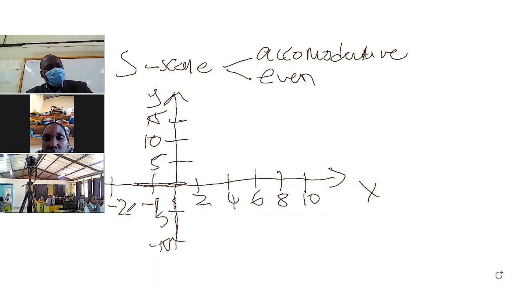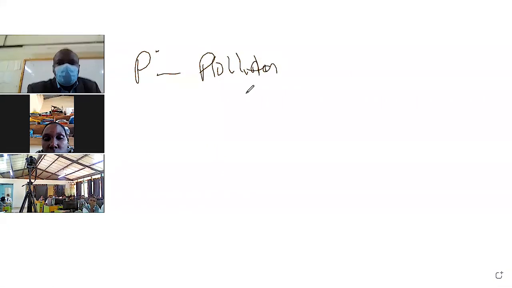So for what we've got here in our graph, we need to have all those. Then the next thing we need to have is the plotting. P for plotting. For plotting, you need to work out those given values. Like now, in our graph here, we are supposed to have -4 being plotted against 0.